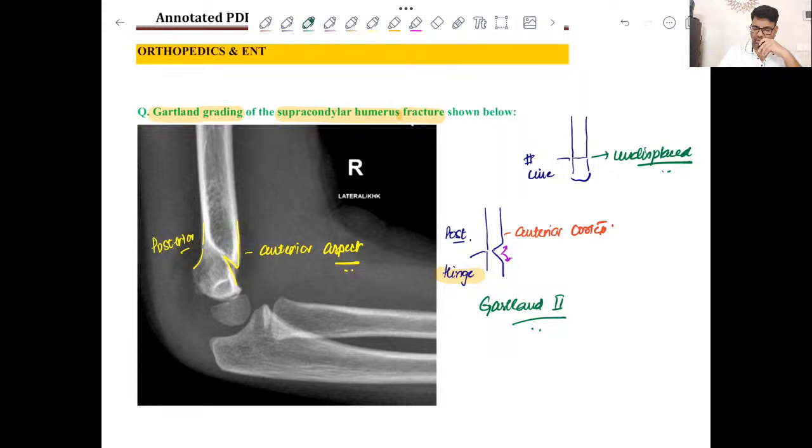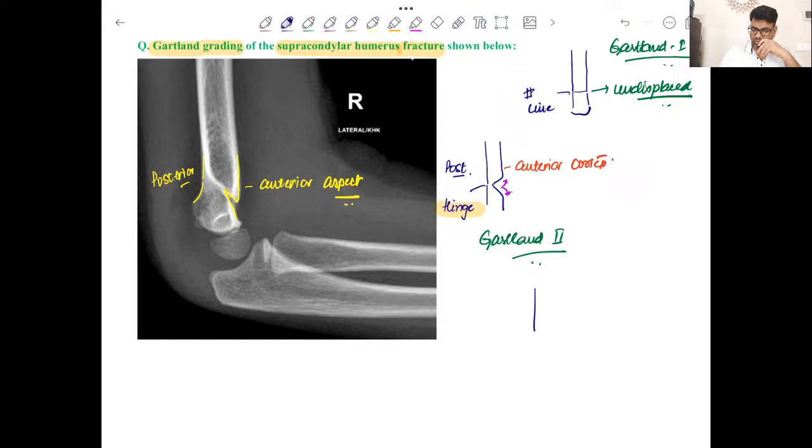So this is Gartland type 1, right? In Gartland type 1 there is a fracture line but without any displacement of the fracture fragments. In Gartland type 2 we can see a clear-cut displacement but only involving the anterior cortex. There is a hinge at the posterior cortex.